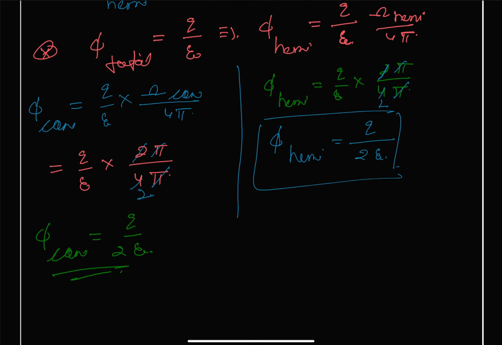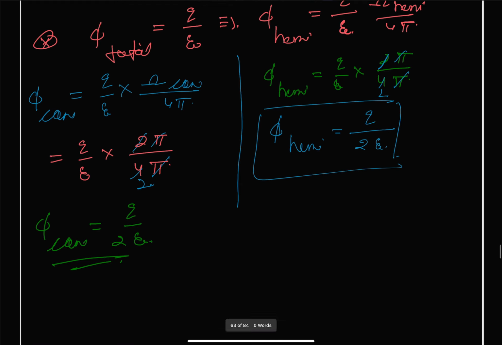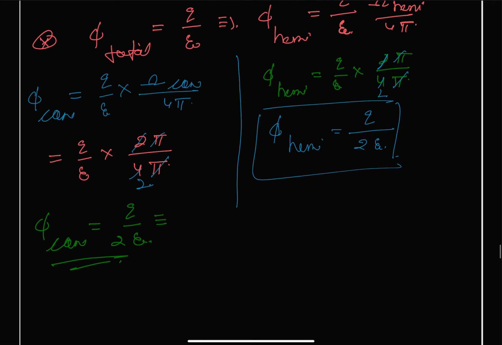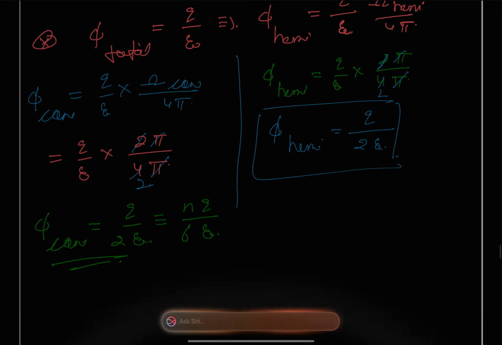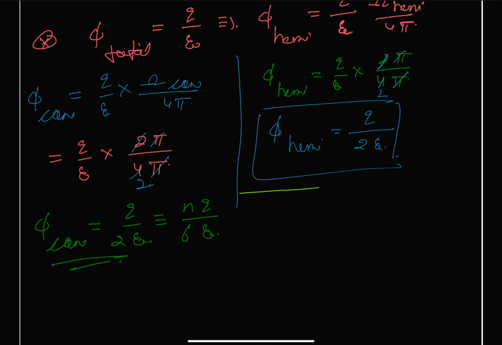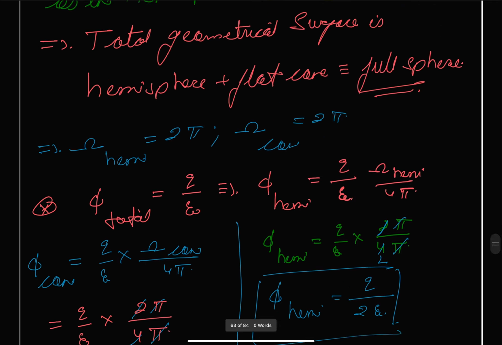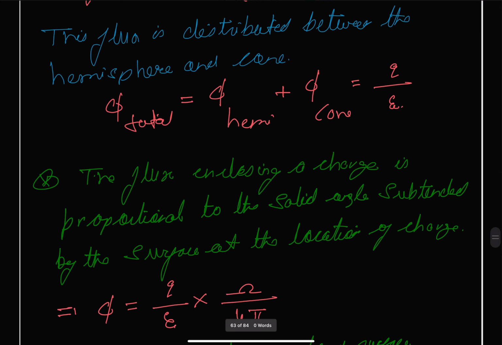And we are given that the flux through the cone is N Q upon 6 epsilon naught, and we need to find the value of N. So here Q, epsilon naught cancel and 6 goes by 3. So the value of N is equal to 3.